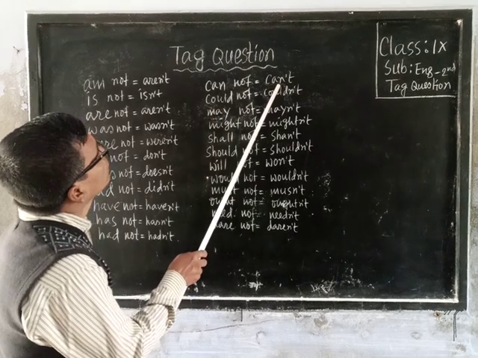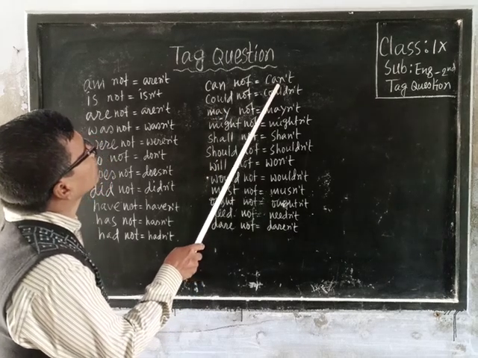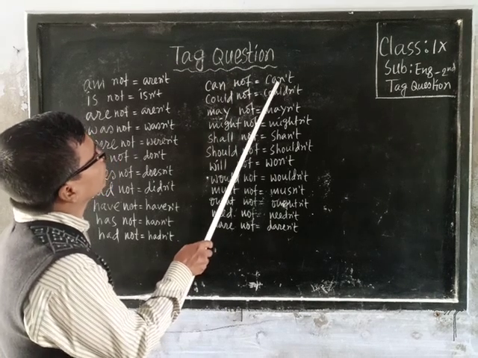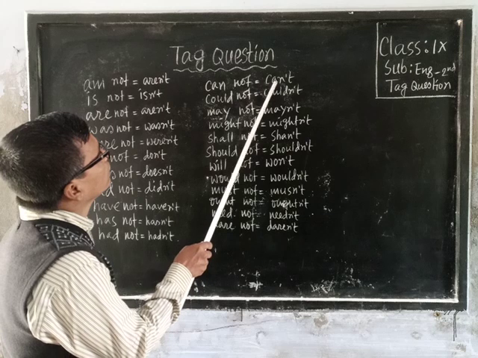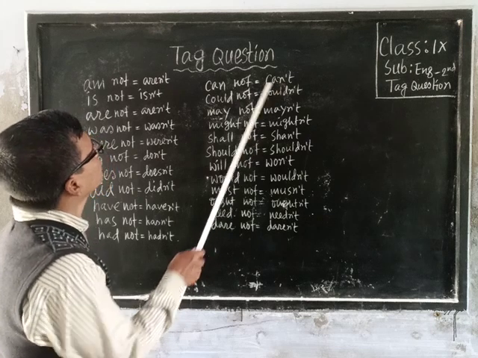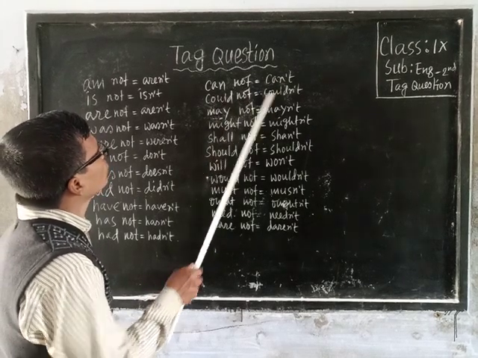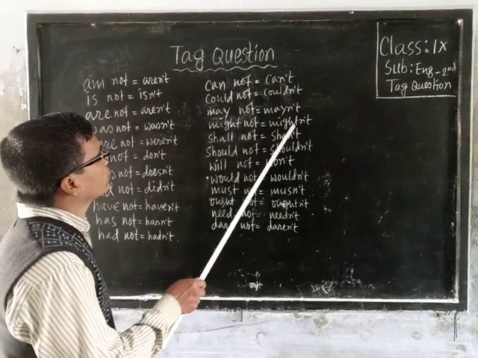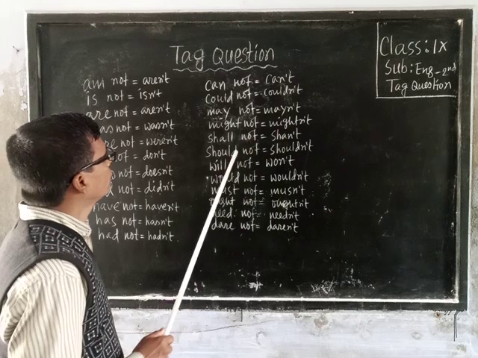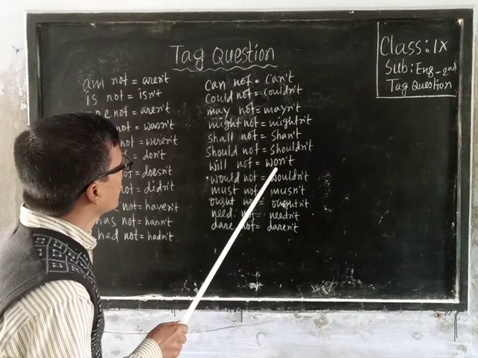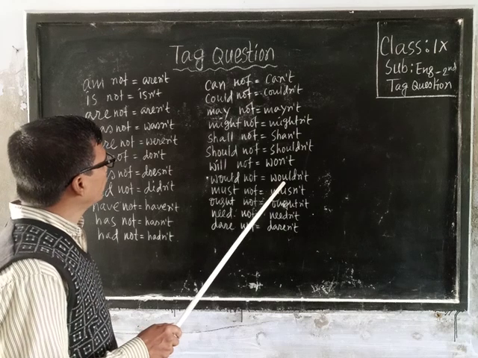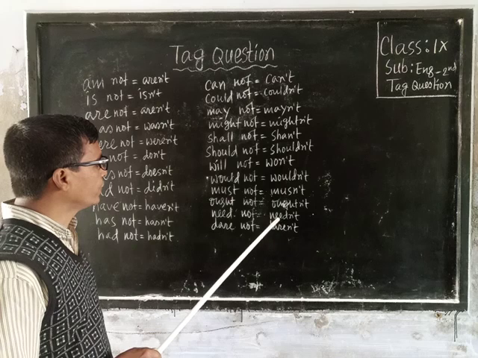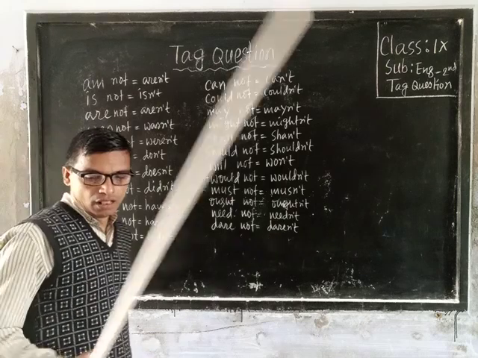Look dear friends, what is mentioned here is that there is no double N here, but a single N with an apostrophe. Can't, could plus not, couldn't, may not, that is mayn't, might not, mightn't, shall not, shan't, shouldn't, won't, and like this wouldn't, mustn't, oughtn't, needn't, and daren't.